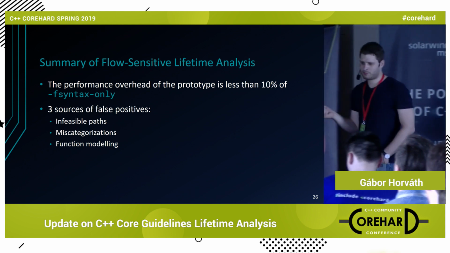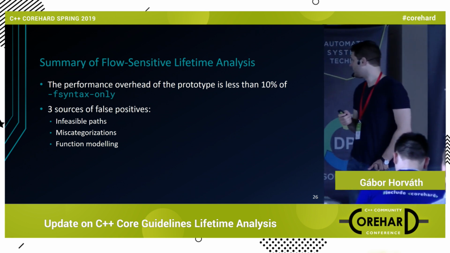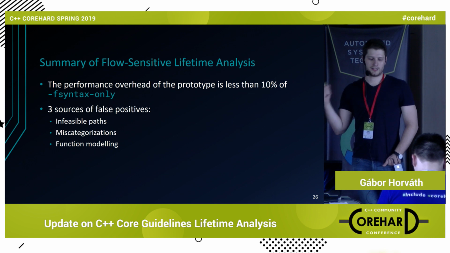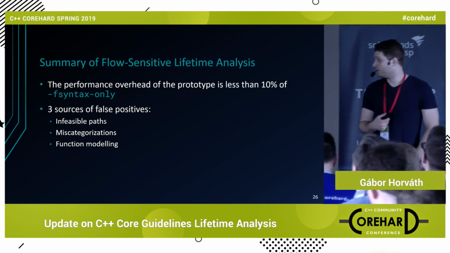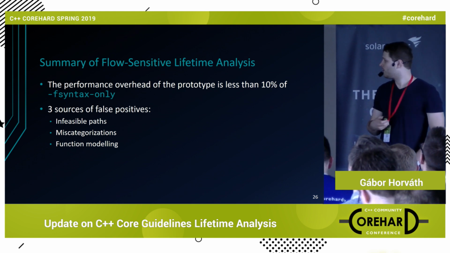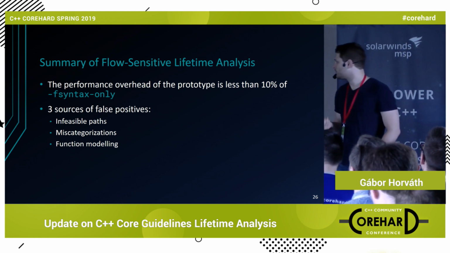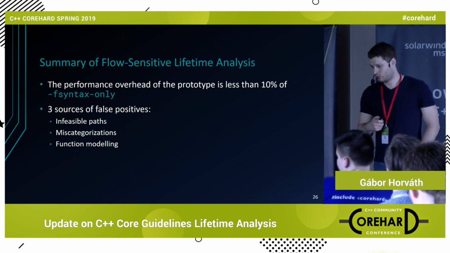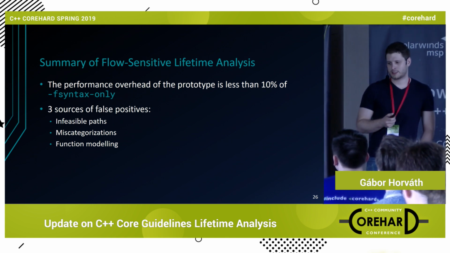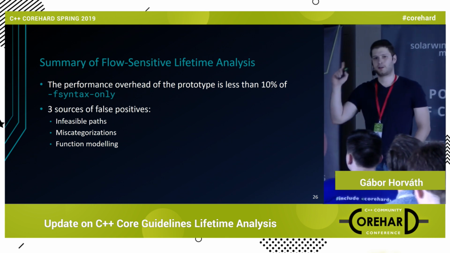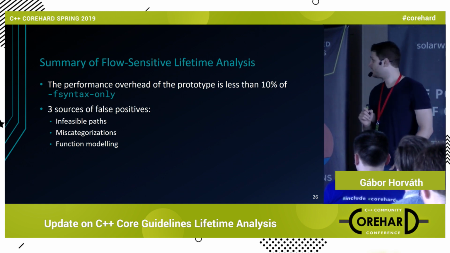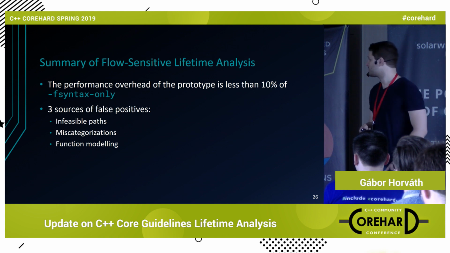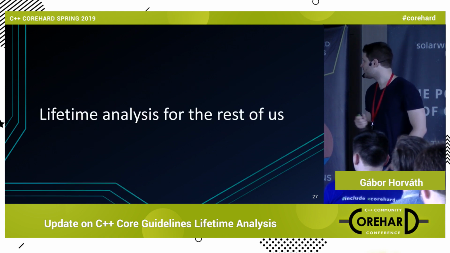Either due to the invisible path problem I mentioned earlier, or due to some type being miscategorized, which can be solved by adding an annotation, or because of the function modeling. I did not talk about function modeling in depth, but you can check the two CPP talks from the agenda slide that will have some details about these problems.